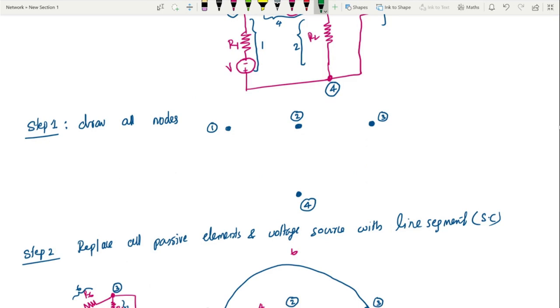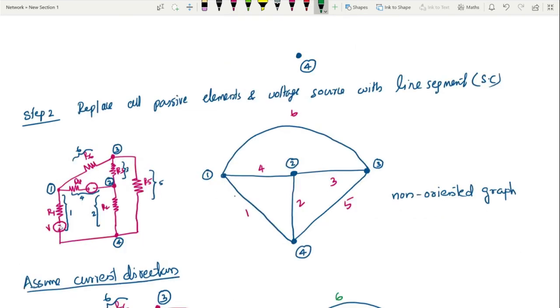To draw the graph of this network, first of all, we need to mark all nodes like this. So step 1 is to draw all nodes. Here we have 4 nodes. Next step is we need to replace all passive elements and voltage sources by a short circuit line or simply a line segment.